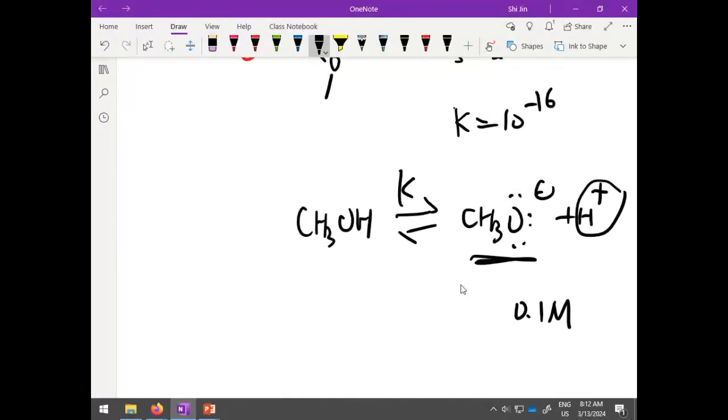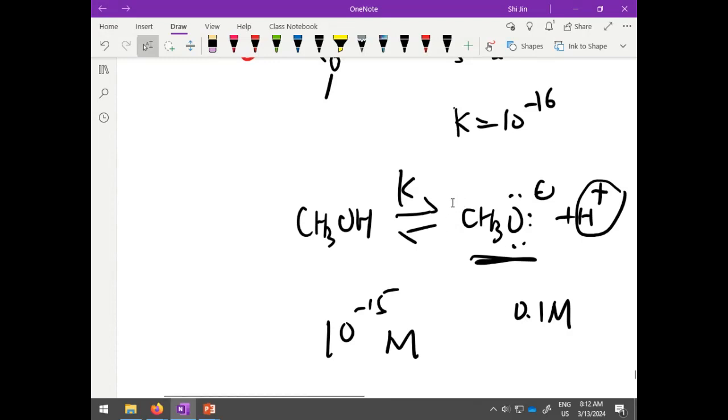Then this concentration will be 10 to the minus 15 M, roughly. So this concentration is so low that the end product formed by the nucleophilic attack of methoxide, you can completely ignore it. It's more than 10 orders of magnitude lower than the methanol. Although methoxide is more nucleophilic than methanol, the concentration is more than 10 orders of magnitude lower.